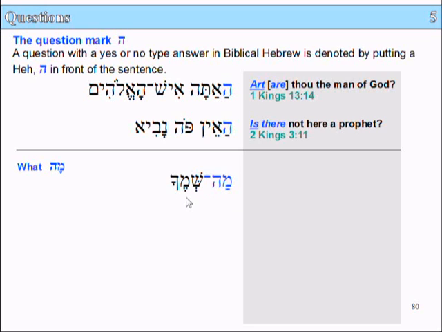Shem means name. Shemecha, there's a pronominal suffix there, means your name. Shemi is my name, Shemecha is your name. Shemo is his name. So ma shemecha, what is your name?